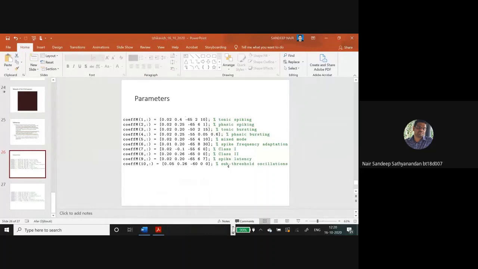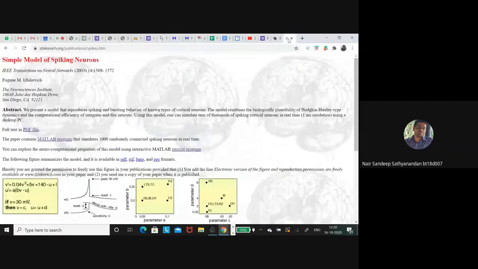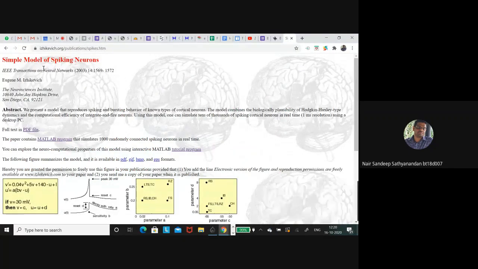Let us go to the demo part. This is the website. You can find the details about the model of the spiking neuron. If you want details, you have the PDF file, the tutorial program, and even the MATLAB code is given.